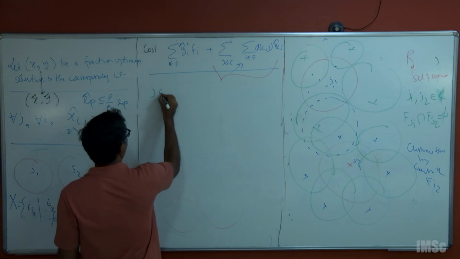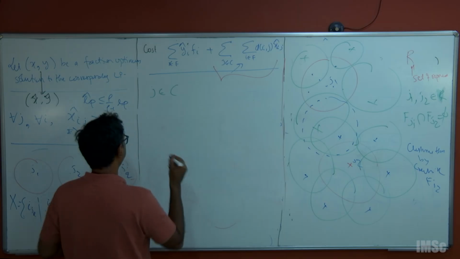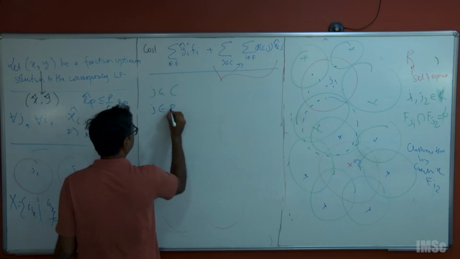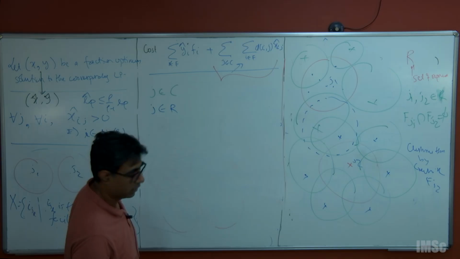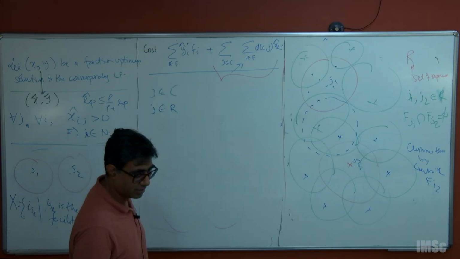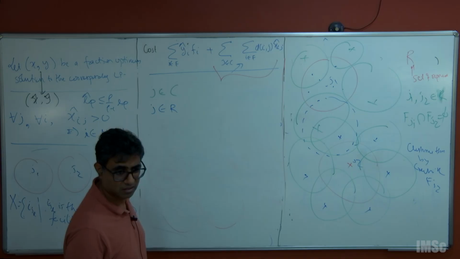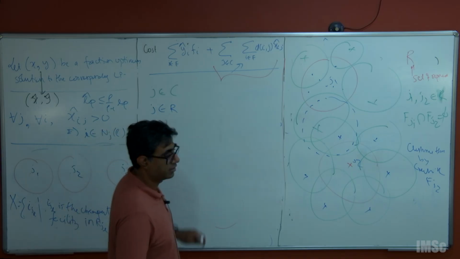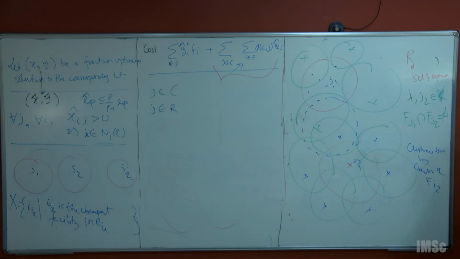Let's fix J in my customer list. There are two kinds of people. If J is my representative, how much did I pay for him? Did I pay Cj if I was the representative?